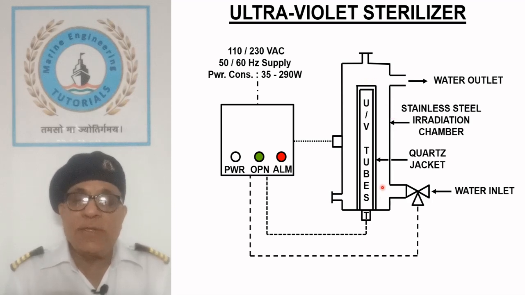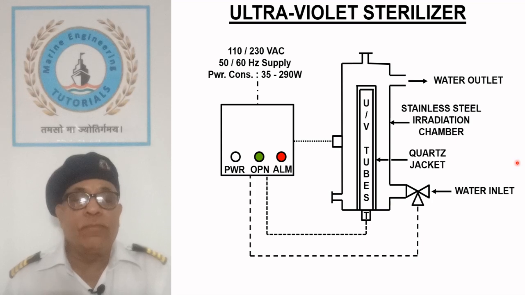The UV sterilizer is equipped with low pressure UV lamps in quartz jacket, powered by electronic high frequency ballasts for high efficiency and low power consumption. Tubes are wired in series with a transformer for safety.